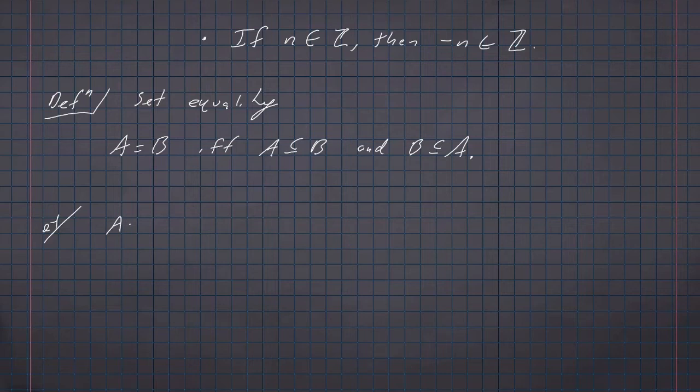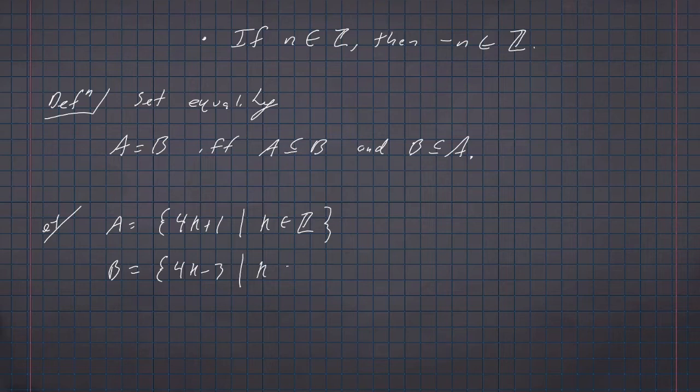Let's let set A be the set of all 4k plus 1 such that k is an integer. And let's let B be the set of all 4k minus 3 such that k is an integer.